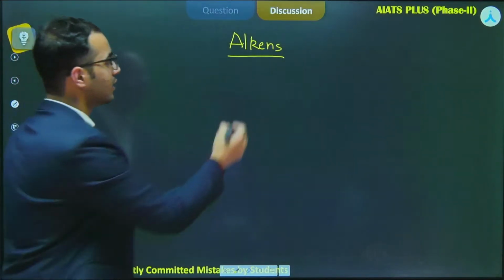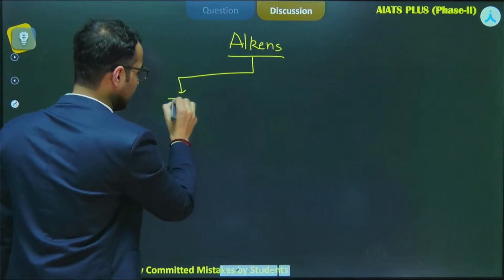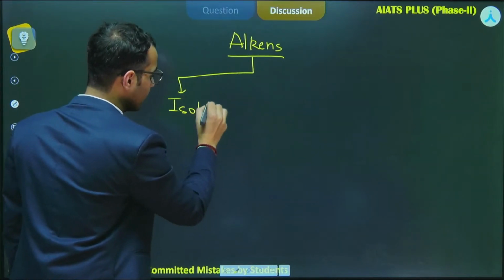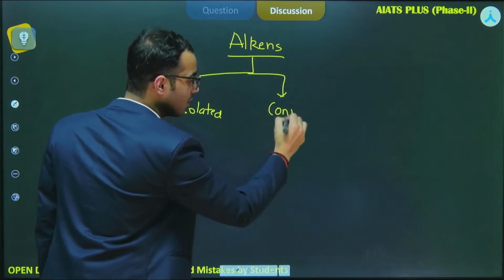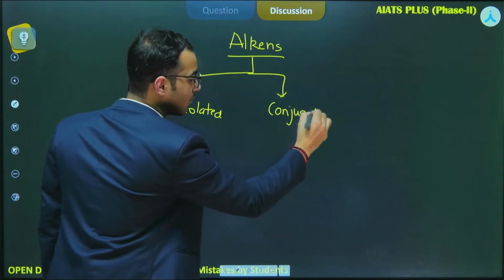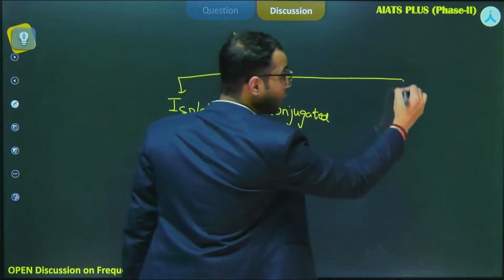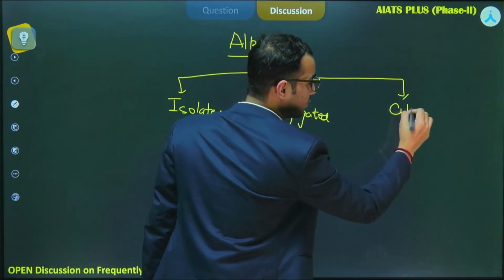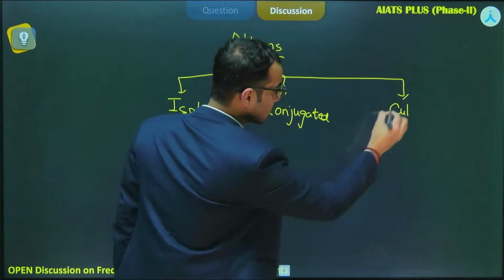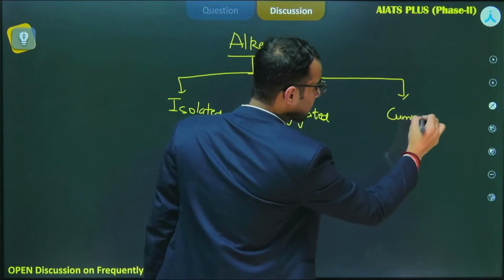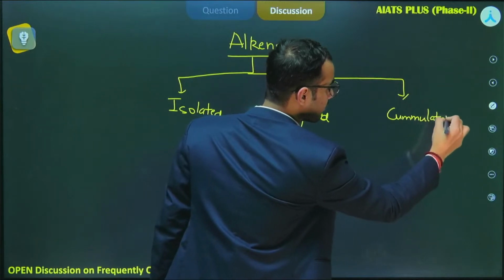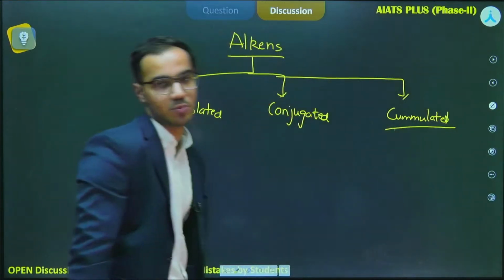The first one is isolated. The second one is conjugated. And the third one is cumulated.